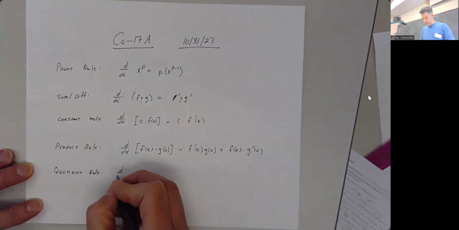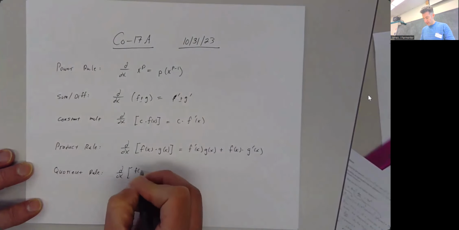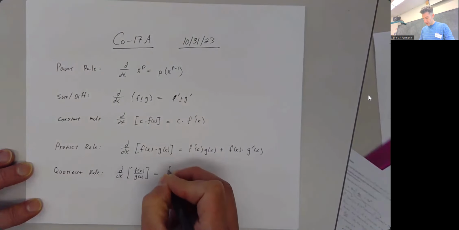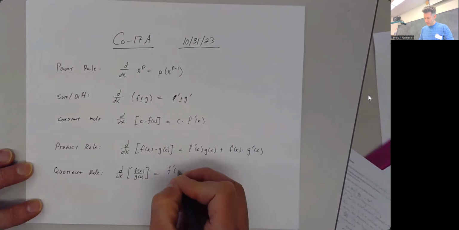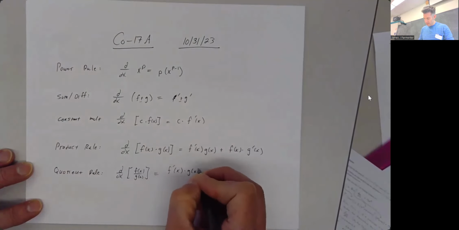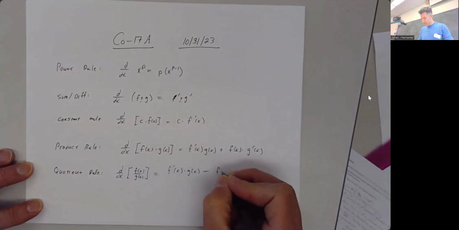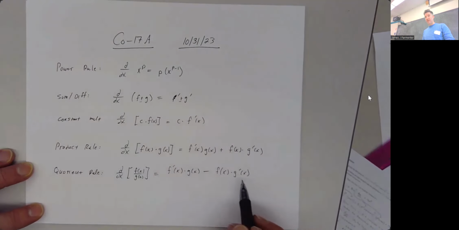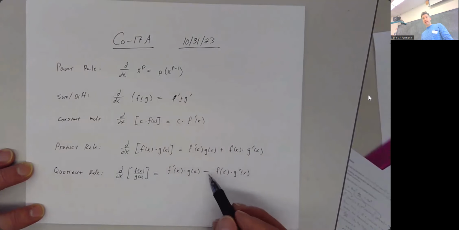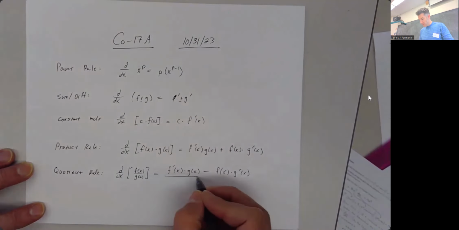So the derivative of f of x divided by g of x is equal to the derivative of the top times the bottom minus the top times the derivative of the bottom. See how that looks almost exactly like the product rule, except we have a minus sign there. Except then we have to divide by the bottom squared.